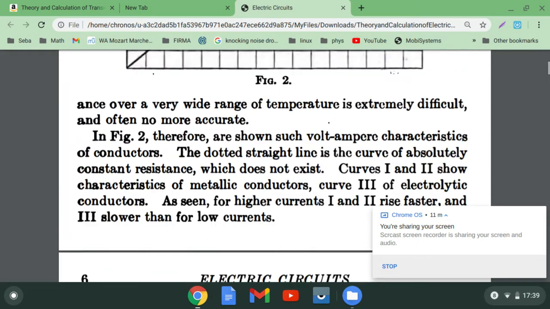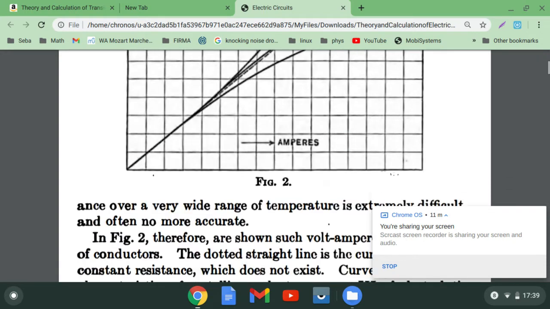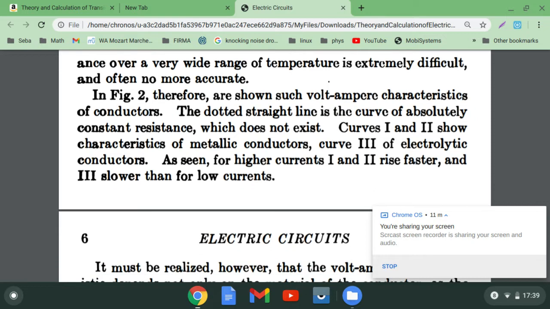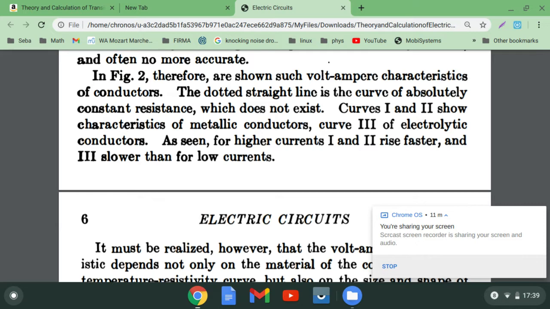Curves 1 and 2 show characteristics of metallic conductors. Curve 3, of electrolytic conductors, as seen for higher currents, 1 and 2 rise faster, and number 3 slower than for low currents.